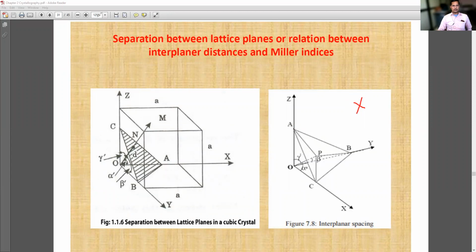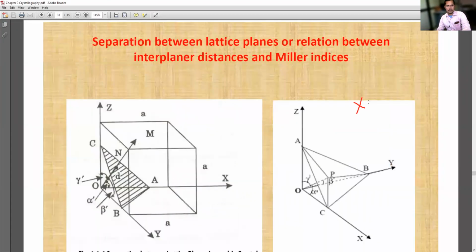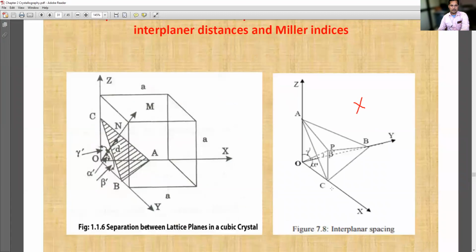Okay. Because in that some parameters are different from this. That's why we are neglecting that one. Can you see this left side figure? Is it visible? Yes, sir.